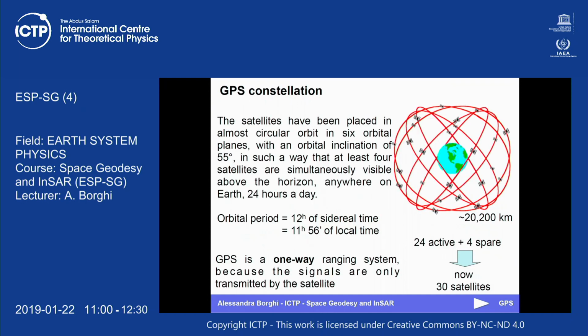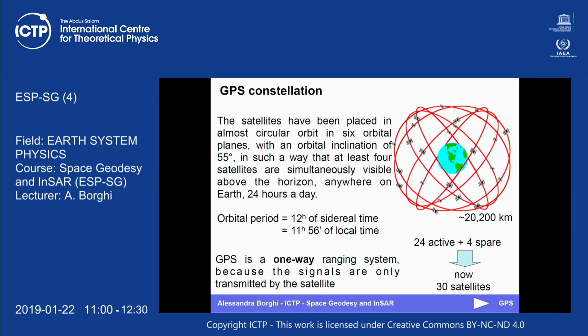We start from the space segment, the GPS constellation. The satellites are placed in almost circular orbits, divided in 6 orbital planes with a well-defined distance, and an orbit inclination for each plane of 55 degrees.